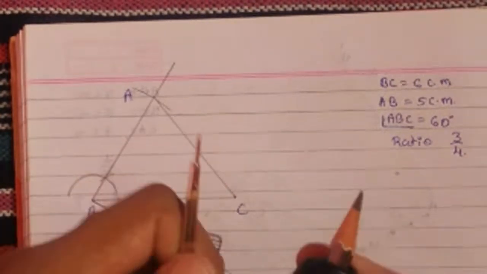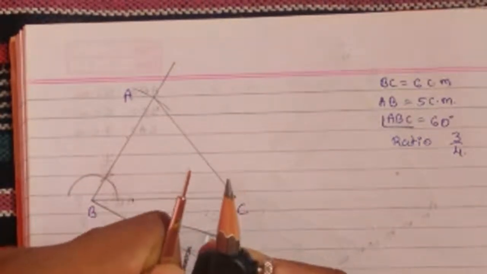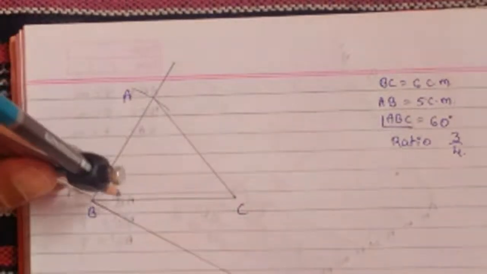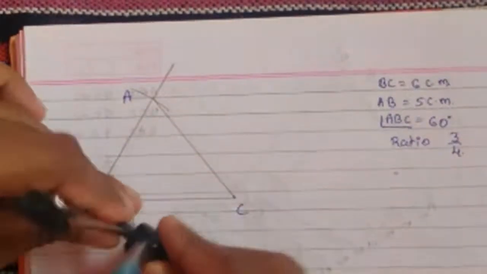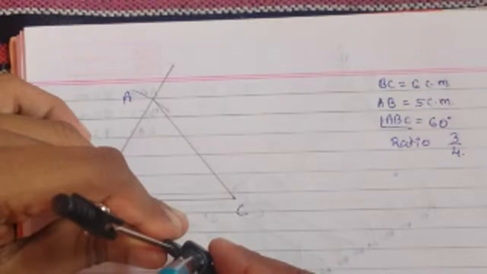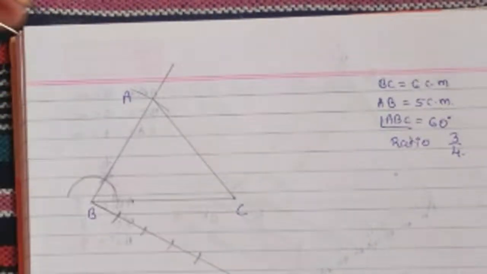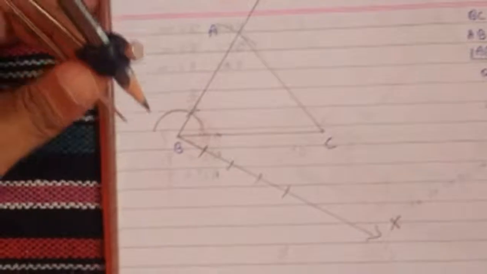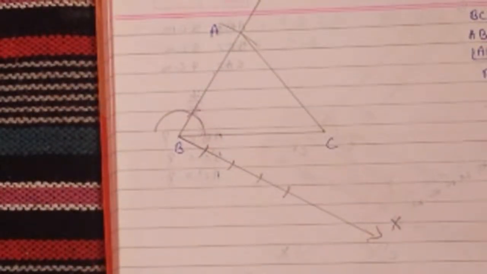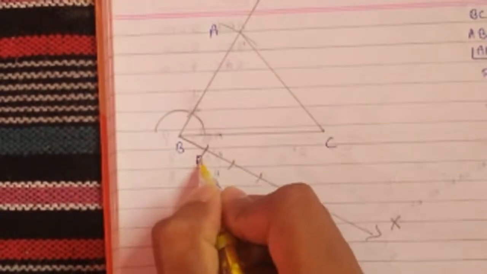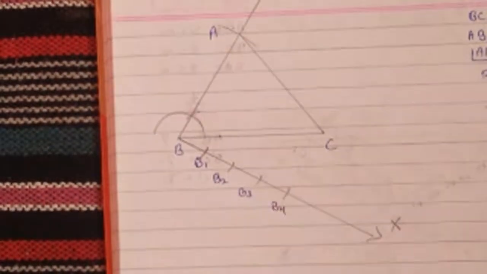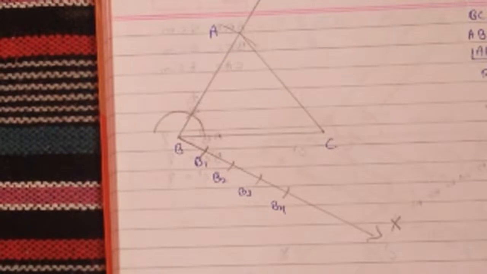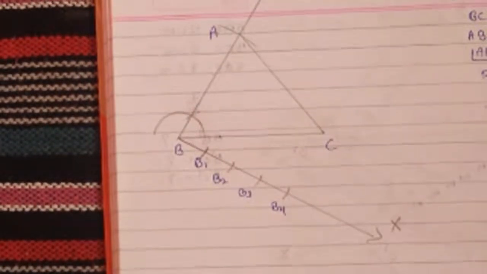With the help of compass, I'll mark 4 points: 1, 2, 3, then 4. I mark the 4 points. Then which point we have to join to the end? I will consider this as B1, B2, B3, then B4. Which point we have to join?